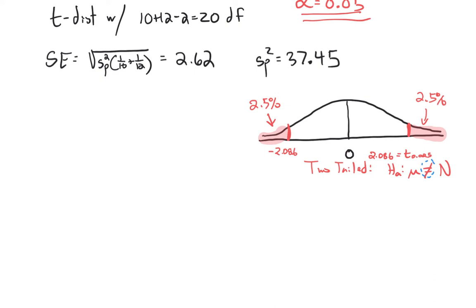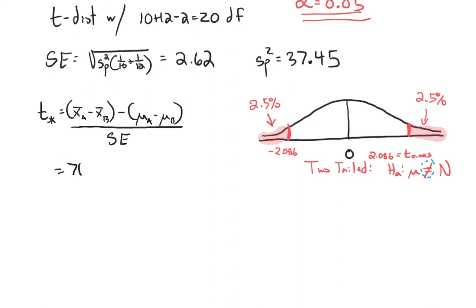Okay, so now we compute our test statistic, our t star. Remember, our t star is going to be our differences, so I'll write it down here: x-bar A minus x-bar B, minus the population means, we're assuming mu A minus mu B, over our standard error. And we know all of these things.